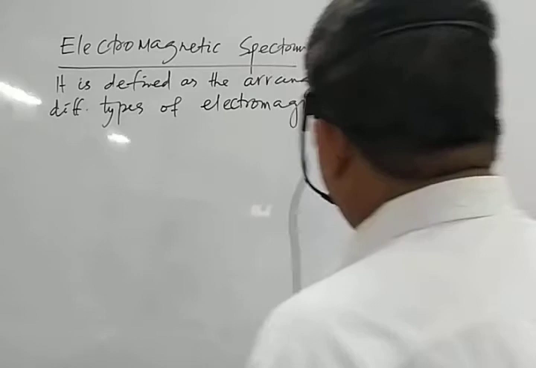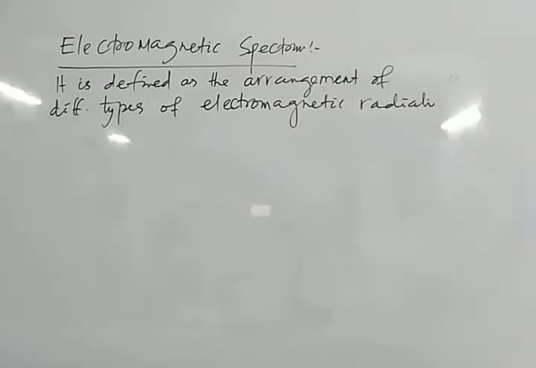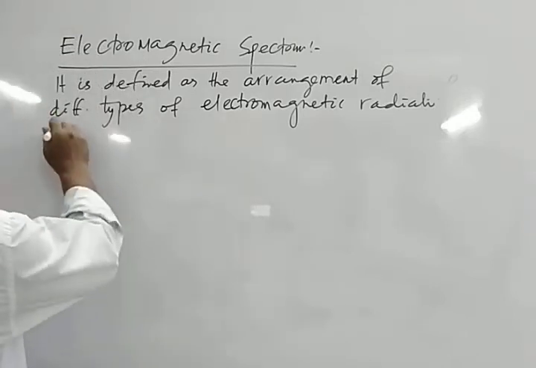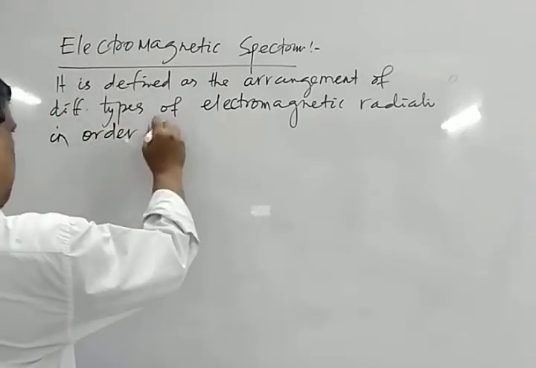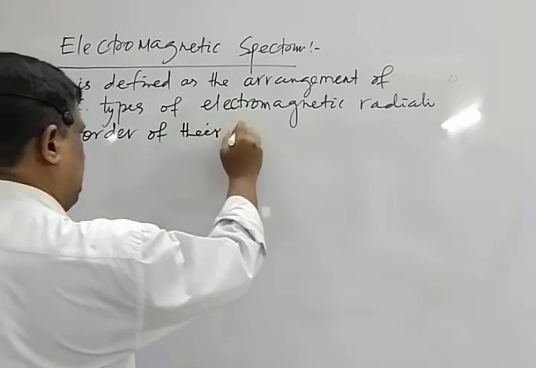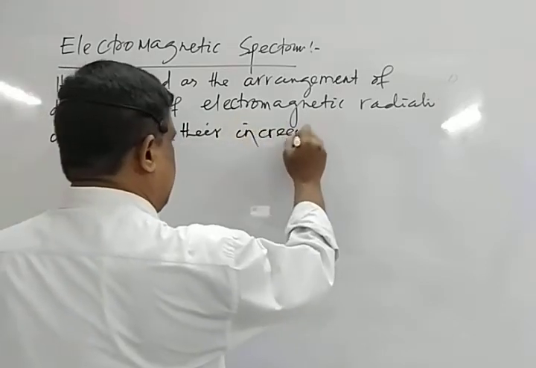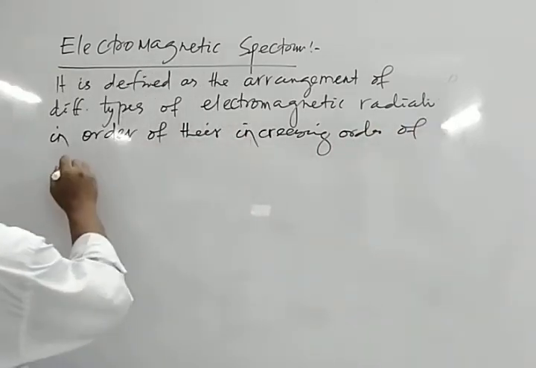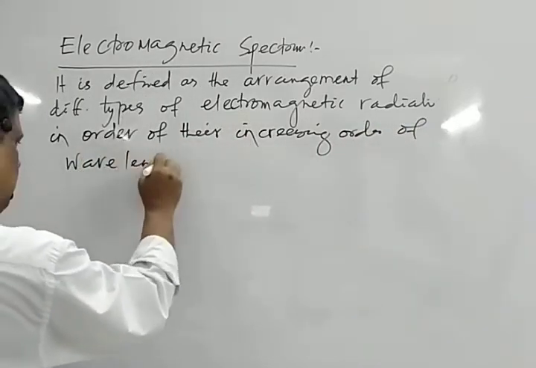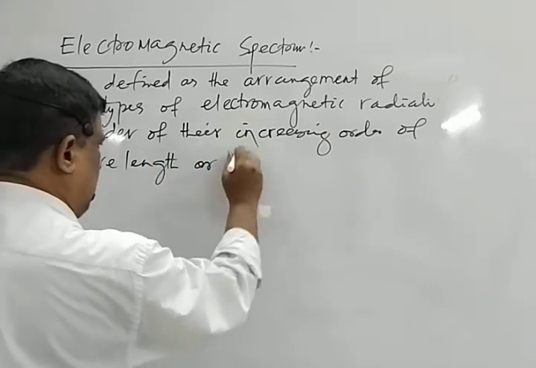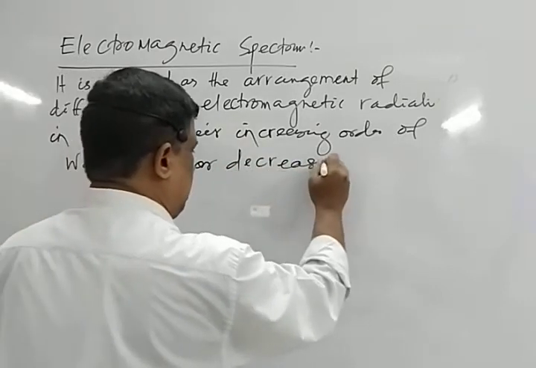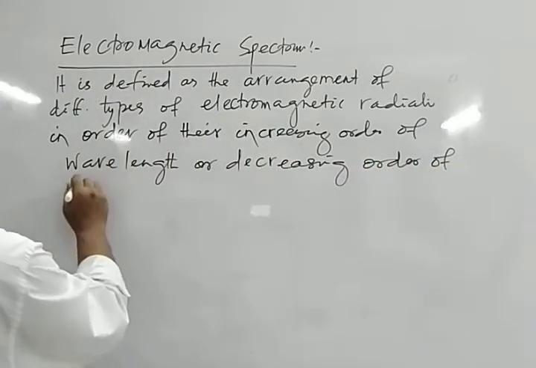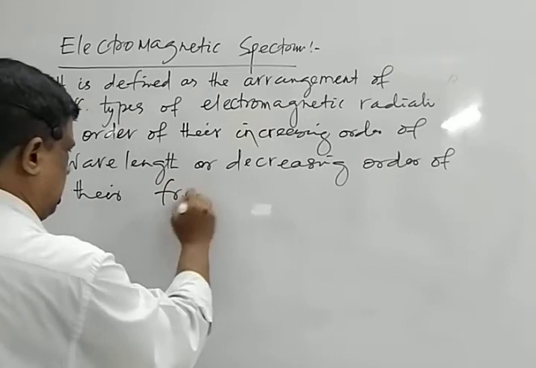It is defined as the arrangement of different types of electromagnetic radiation in increasing order of wavelength or decreasing order of their frequency.